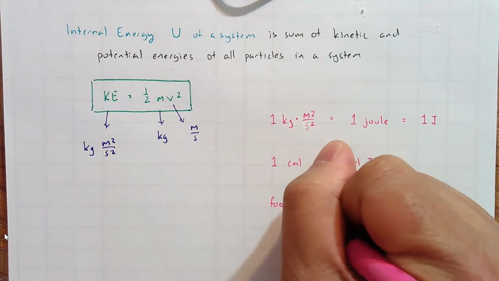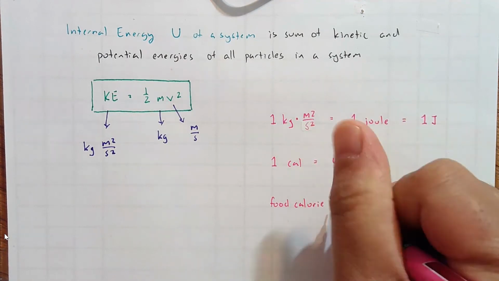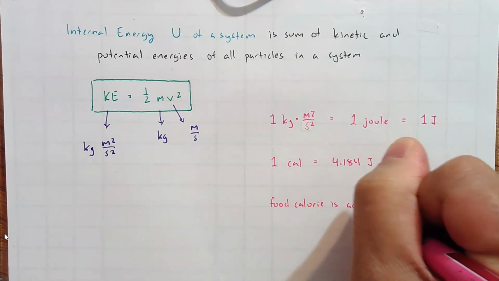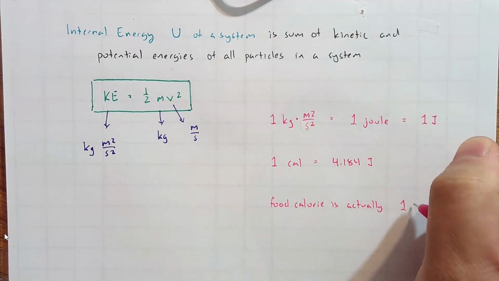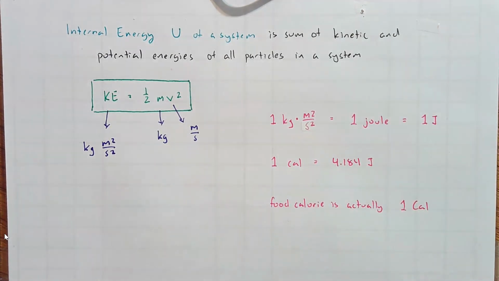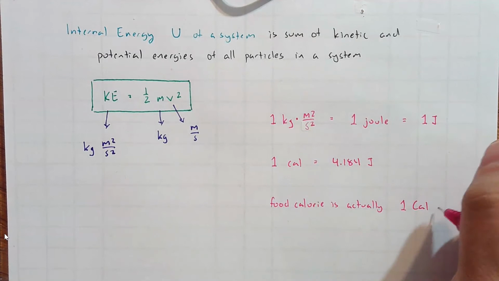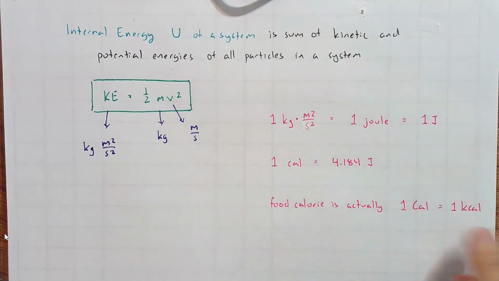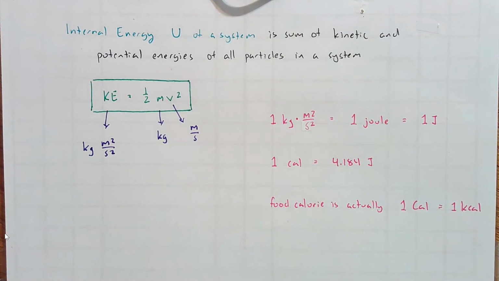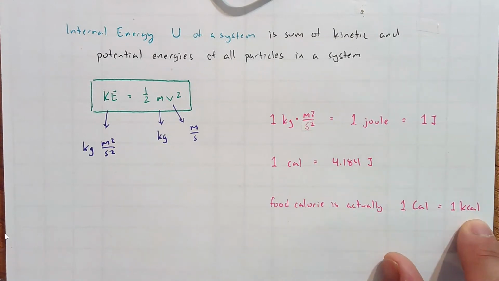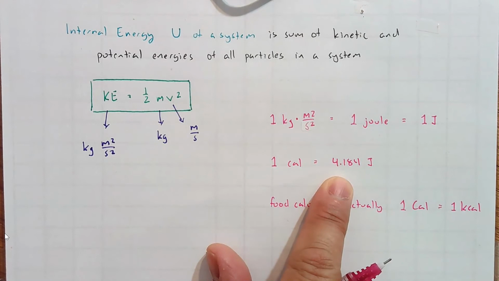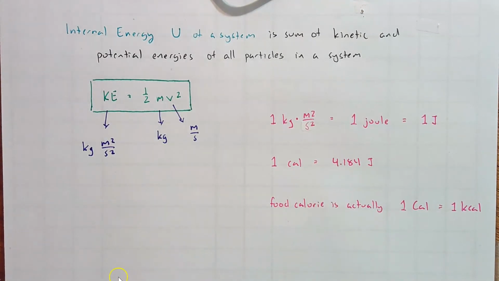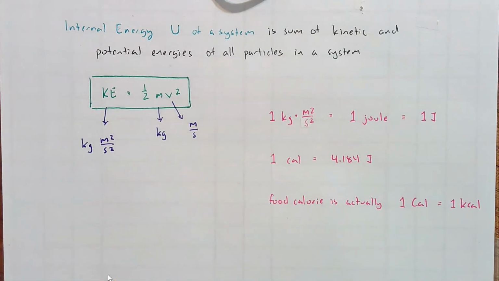A food calorie is actually 1 big Cal with a big C, and that's equal to 1 kilocal, little c. So if your piece of bread is 80 calories, it's really 80 kilocalories, and then you can convert that into joules in terms of the energy potential from that piece of bread.